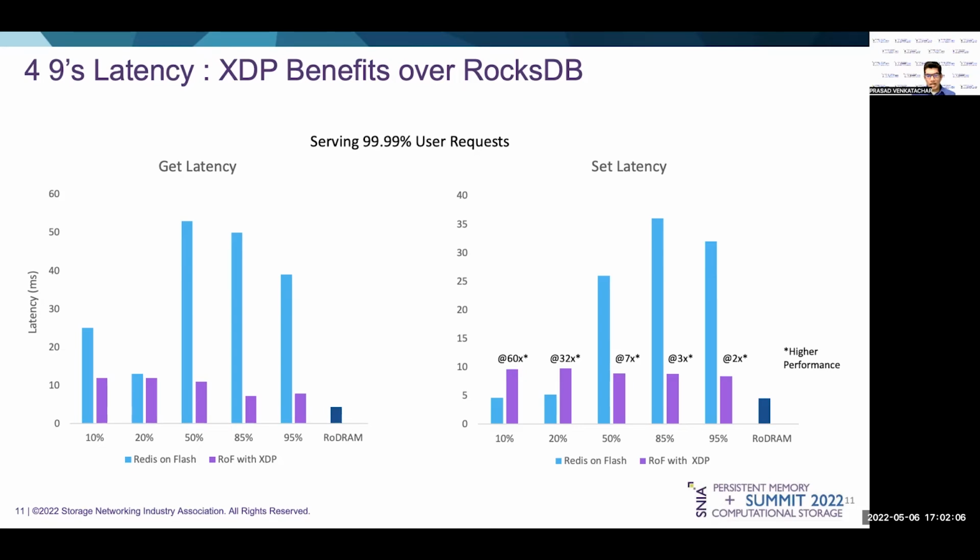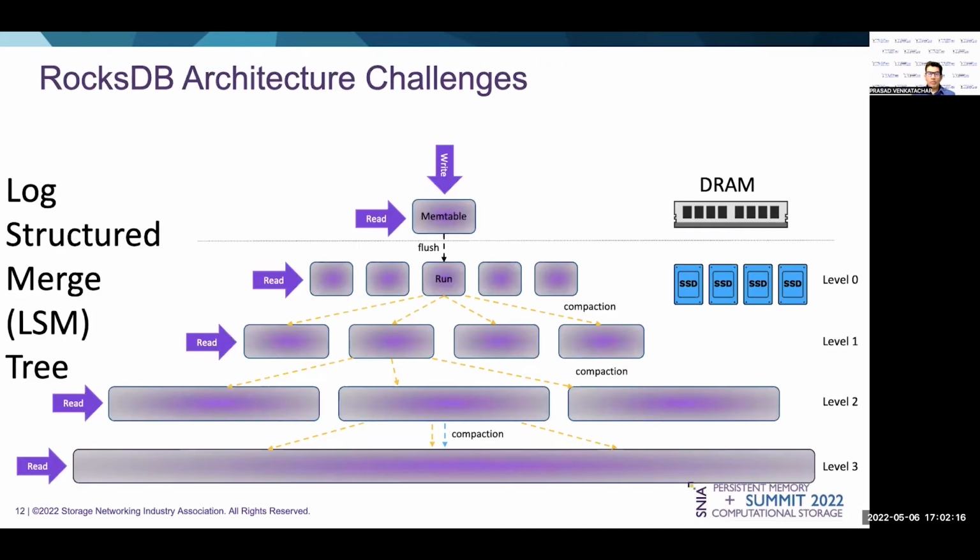That implies that as the data set grows, there is a performance impact in the RocksDB environment. To understand why RocksDB behaves this way, let's see the architecture. Though RocksDB is designed to provide faster performance for SSD or flash storage devices, the problem is the way it is structured.